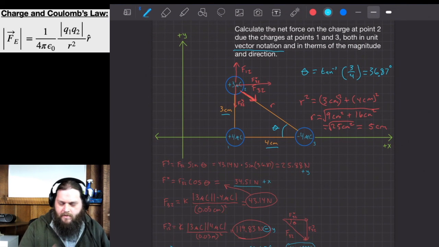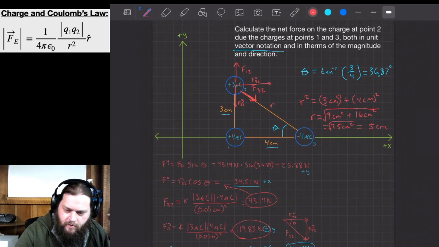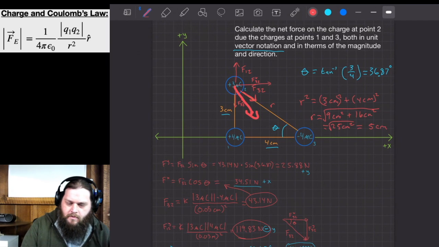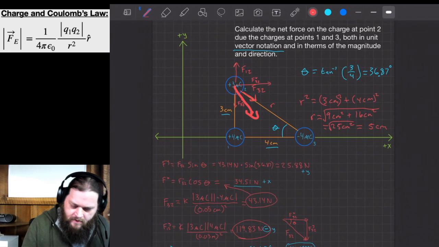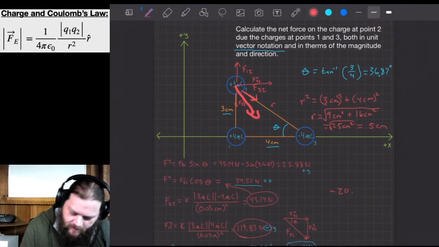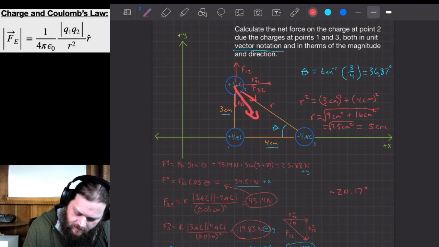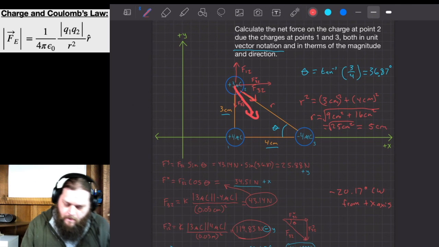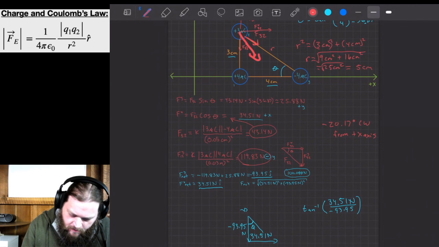That makes sense because our force vector wants to go from this area down in that direction. So that's the angle, negative 20.17 degrees, clockwise from the positive x-axis. This one was our magnitude, and this is our direction.